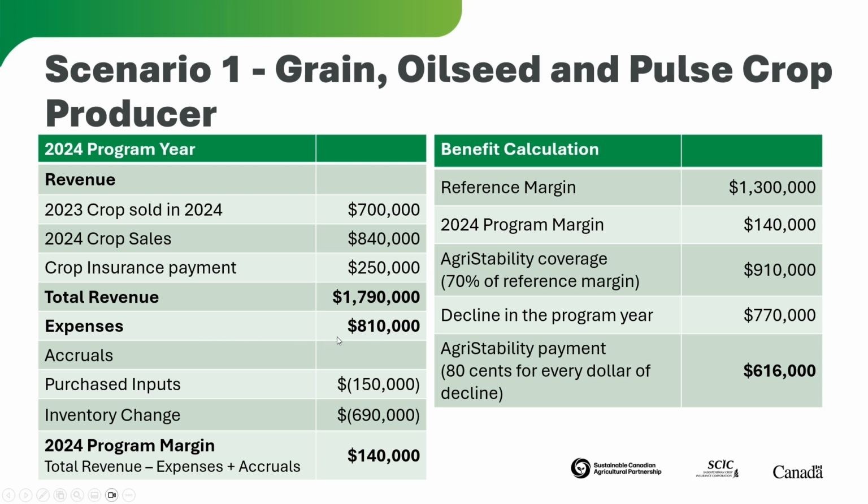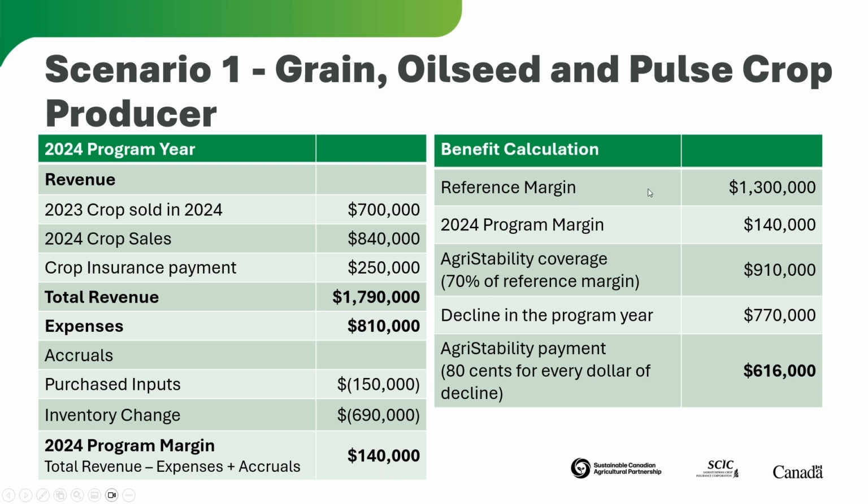He has expenses of $810,000 and a couple accrual adjustments. His purchased inputs were down by 150,000, and that big change in inventory valuation from the start of his fiscal year to the end of his fiscal year was down by 690,000. So the program margin is the total revenue minus the total expenses plus these accrual adjustments. So the margin comes in at $140,000.